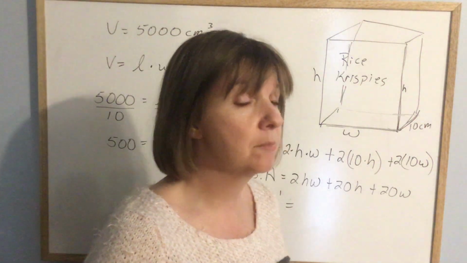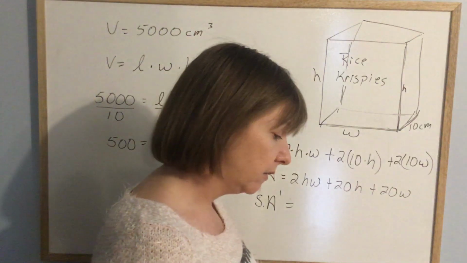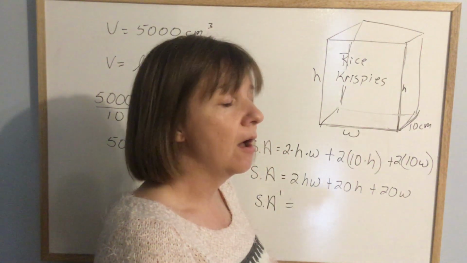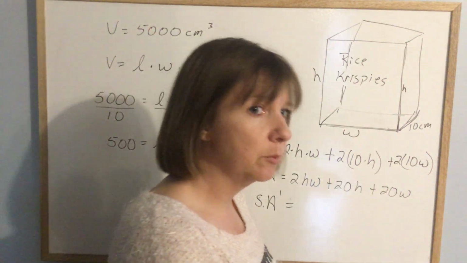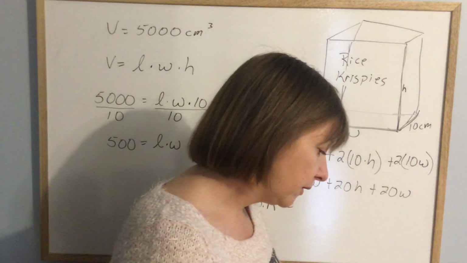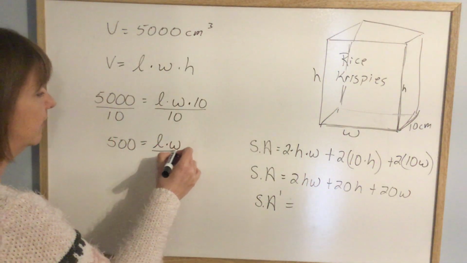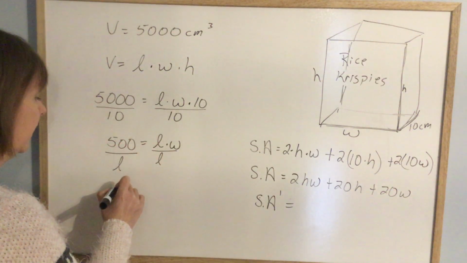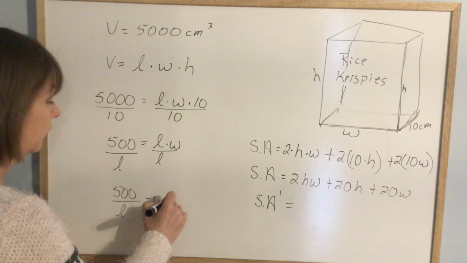It honestly doesn't matter which one you choose. The only reason I'm choosing this specific one is that I'm trying to choose the same one the textbook does, so that if you're looking at the textbook, what I did and what they did matches. So they isolated their W. What I mean by that is they divided this side by L, so they had 500 over L is equal to W.